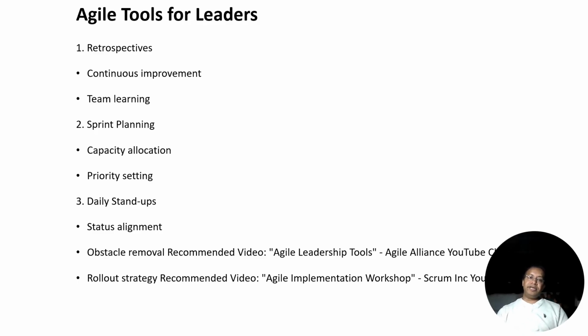What possibly could be agile tools for leaders? There are plenty of tools available. Now, again, this is not an exhaustive list. It only suggests some tools for our discussion, like continuous improvement.